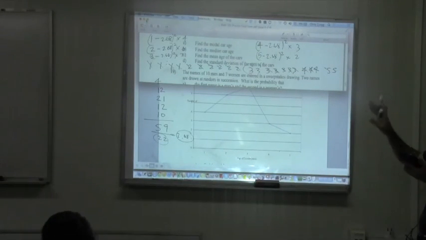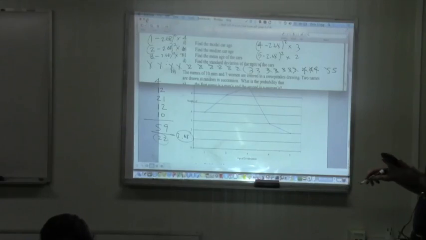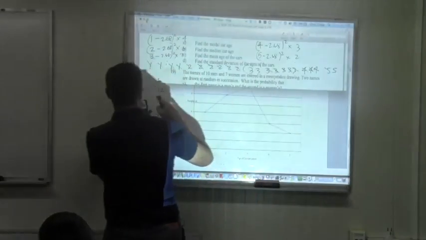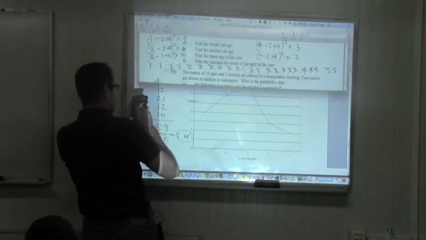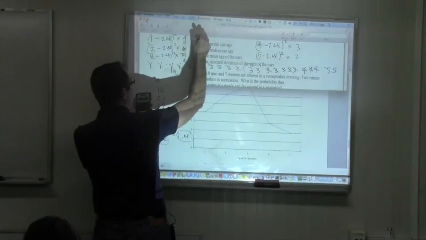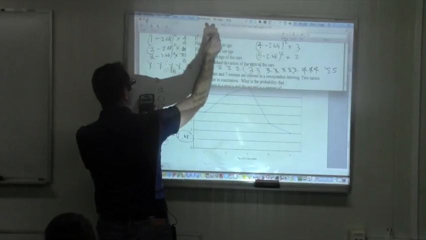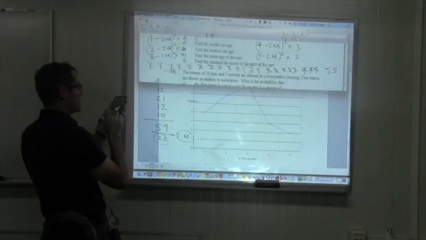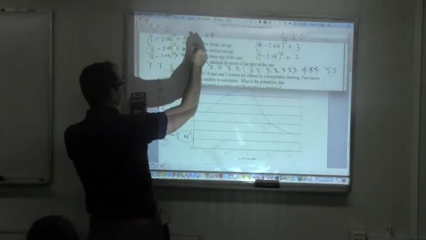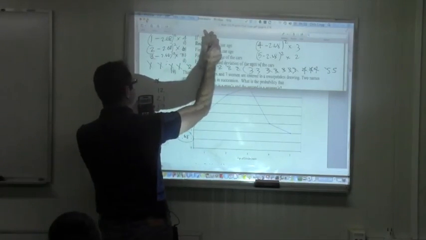But you will have to calculate standard deviation. So the first one is going to be 2.8224 times 4, 11.29. And this one's going to be 2 minus 2.68 squared times 6, which is going to be 2.77.